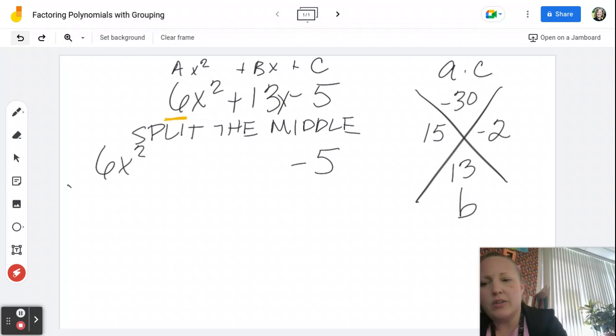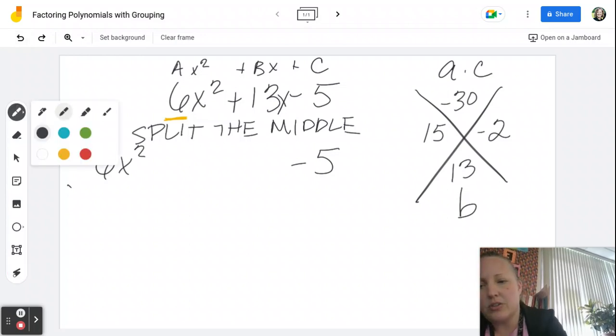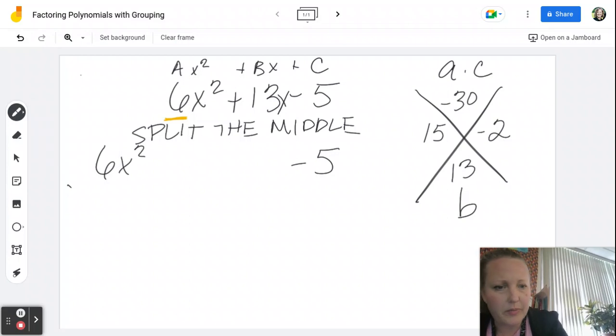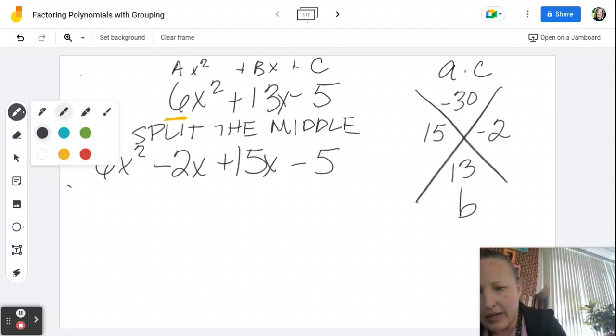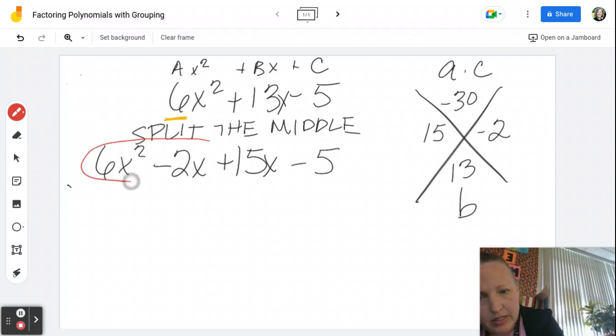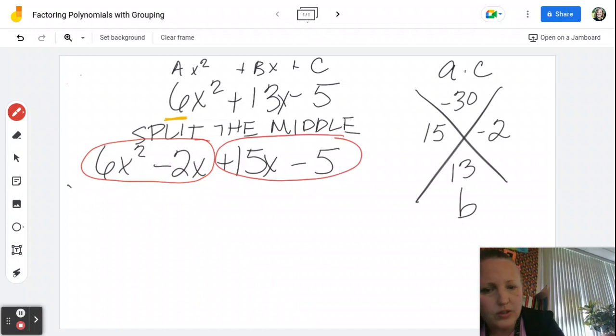So then I'm going to readjust this. Okay, so I'm going to make sure that I put the minus 2x here and the plus 15x here because my next step is to group. Okay, this is where the grouping comes in. So I'm going to group those first two terms and the second two terms.